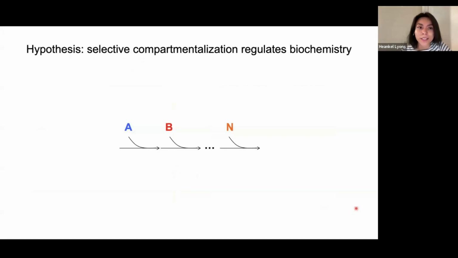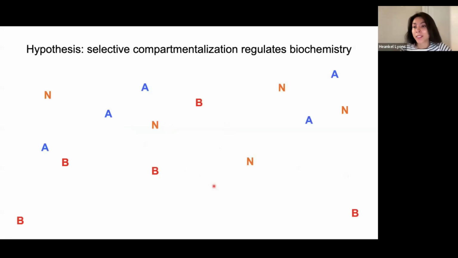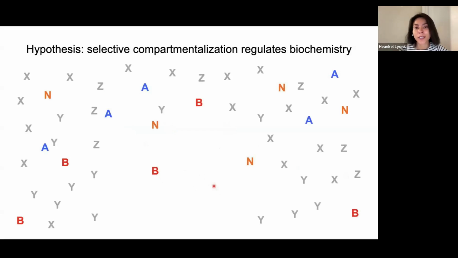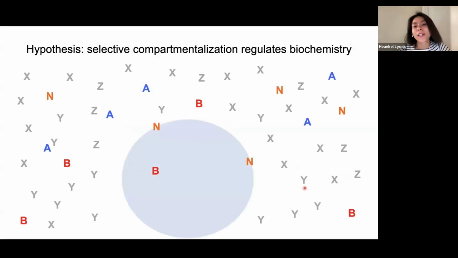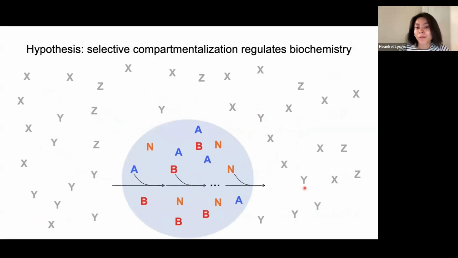So a hypothesis in the field of biology is that for a chemical reaction with multiple steps and multiple macromolecular complexes like transcription, if you imagine these proteins scattered in the nucleus, and to make the problem worse, there are so many other proteins on the way, if we could concentrate them, this would facilitate a reaction.